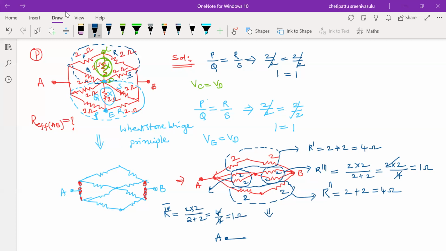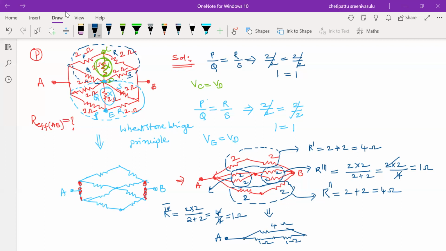Now the circuit will modify as this is A point. Next, above you can see this is 4 ohm. Next, at the midpoint, 1 ohm, 1 ohm. This is 1 ohm. Again, this is 1 ohm.